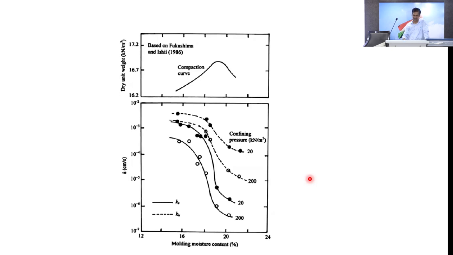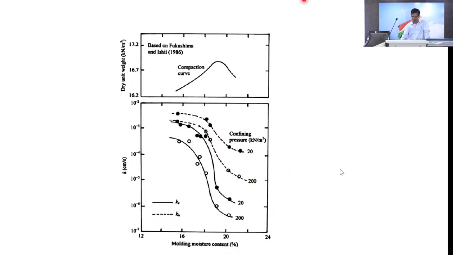So we need to know the confining pressure. If I say confining pressure 20 to 200, the horizontal is here 20 to 200, and the vertical is also reducing from 20 to 200 depending upon the molding moisture content, because towards this comes the wet of optimum.